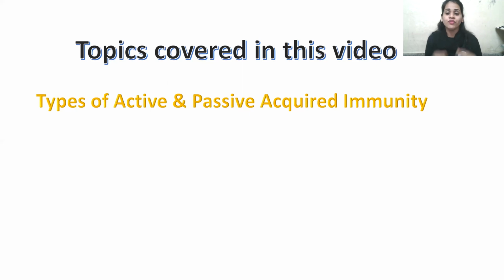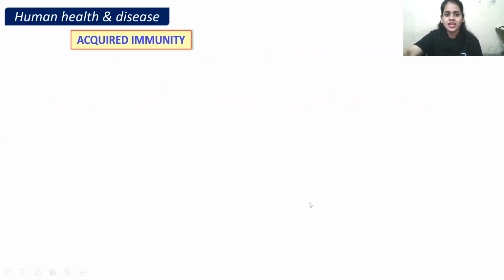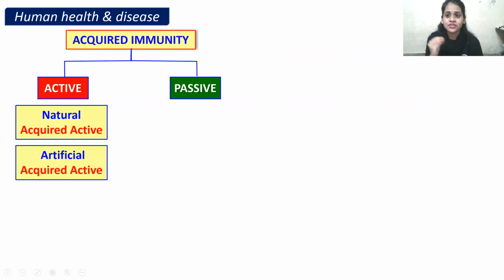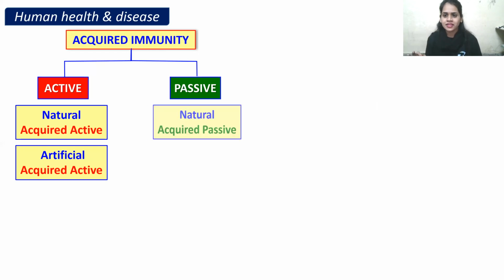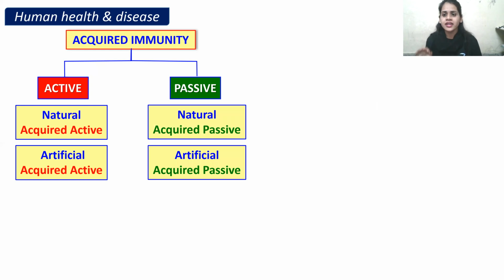So in this video, we are going to talk about the types of active and passive acquired immunity. Active and passive acquired immunity gets divided into two. The first one is called natural acquired active, and the second one is called artificial acquired active. Same way, passive gets divided into natural acquired passive and artificial acquired passive.